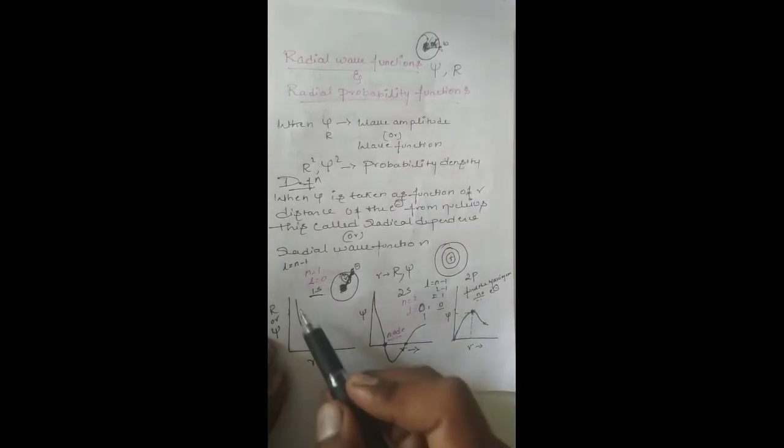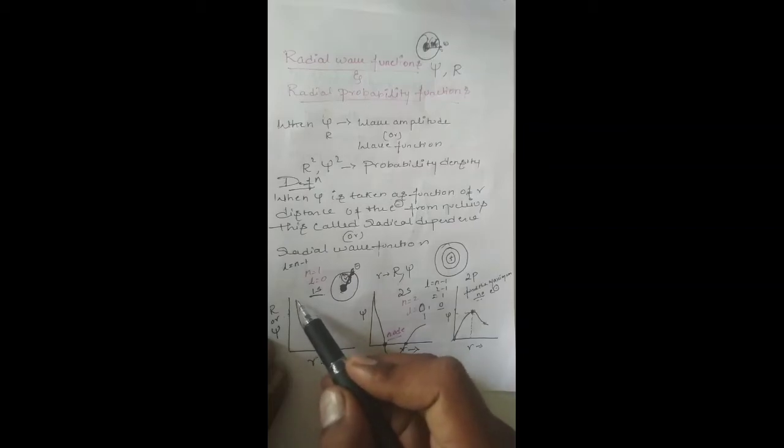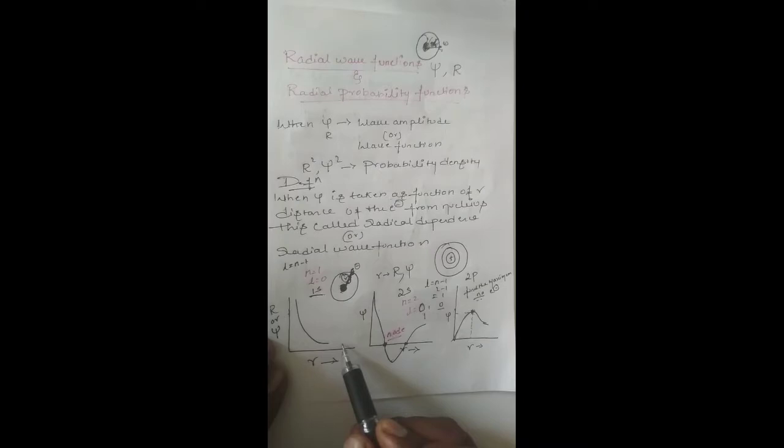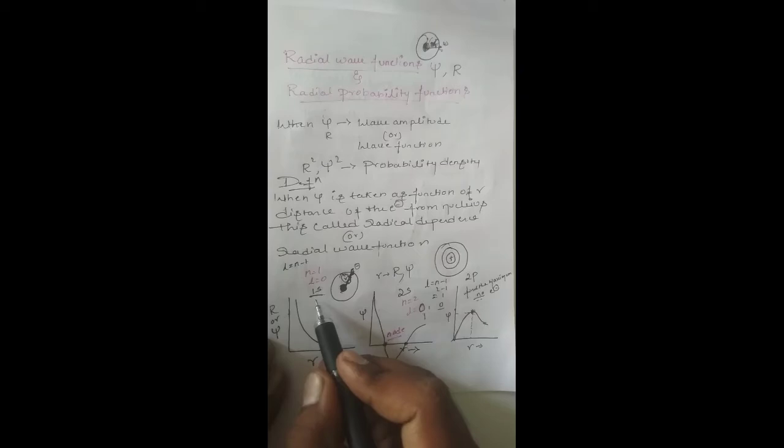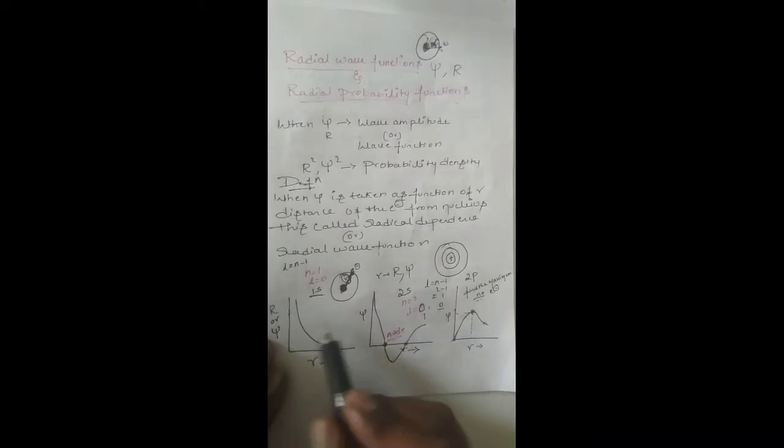Then you see the plot: as the radius increases, the function decreases in the 1s orbital. This is very important for comparing graphs.